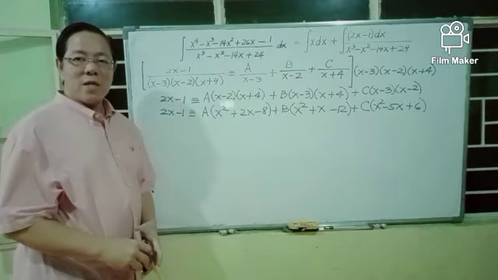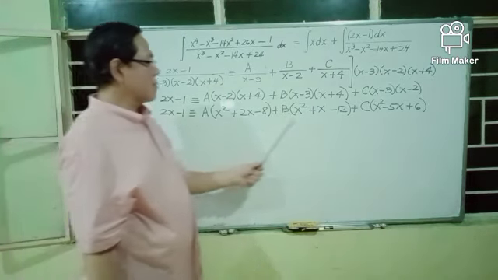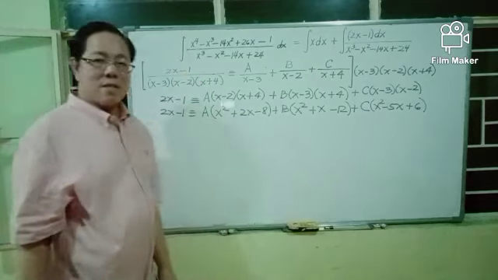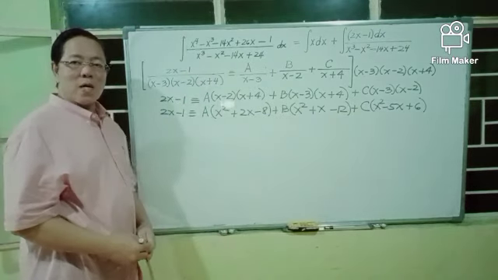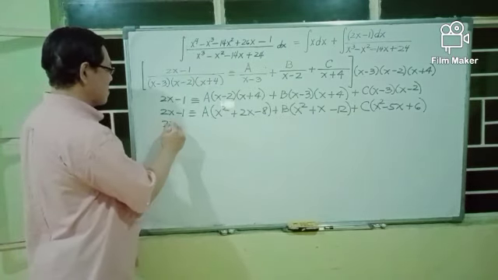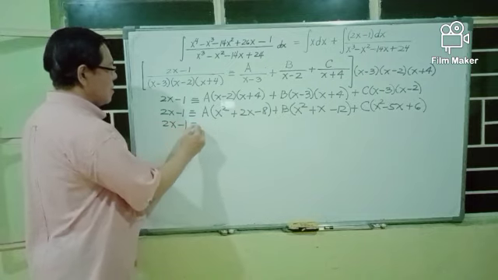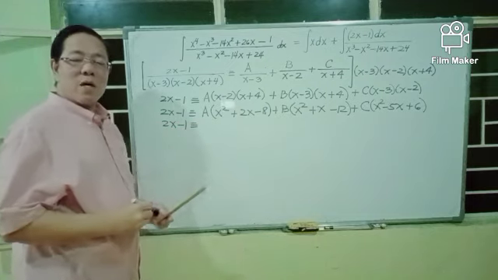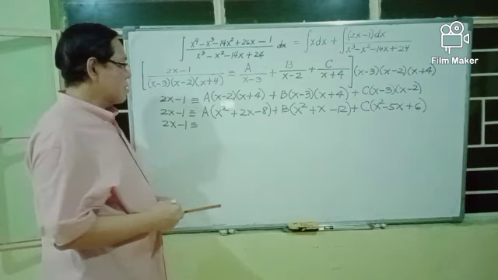Now we collect all the like terms at the right hand side. The left hand side is as is, 2x minus 1. Identically equal to, we start with the terms with x squared.